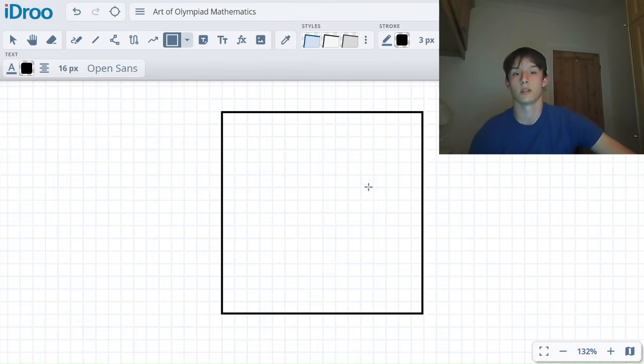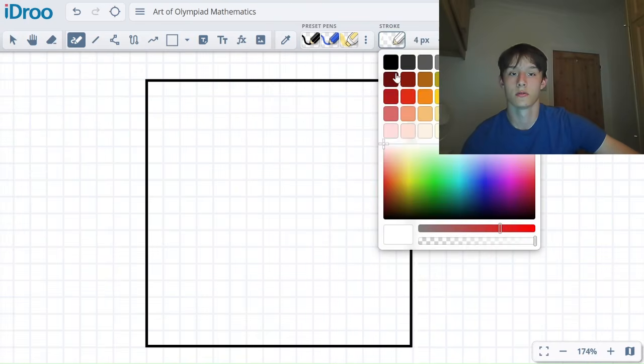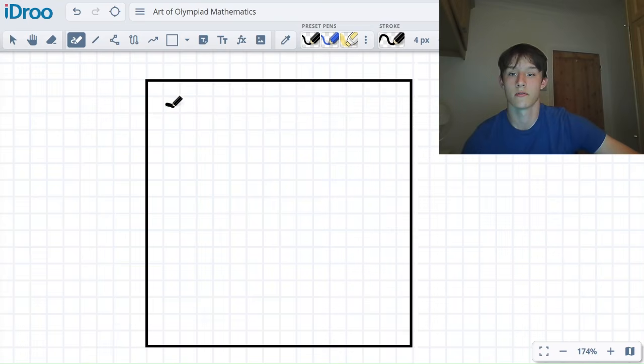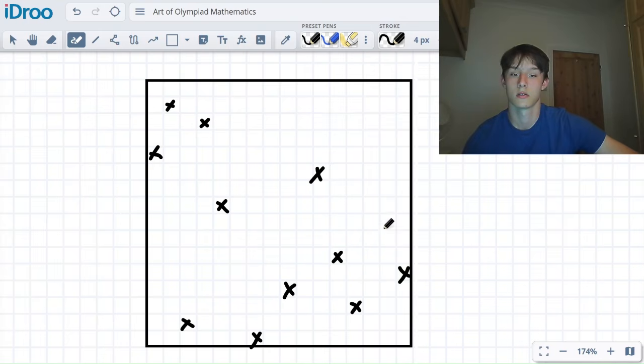So we do have a 16 by 16 board here, and what we're trying to do is we have different squares here, here, here, here, here, I don't know, here, this, this, like this, and like this.